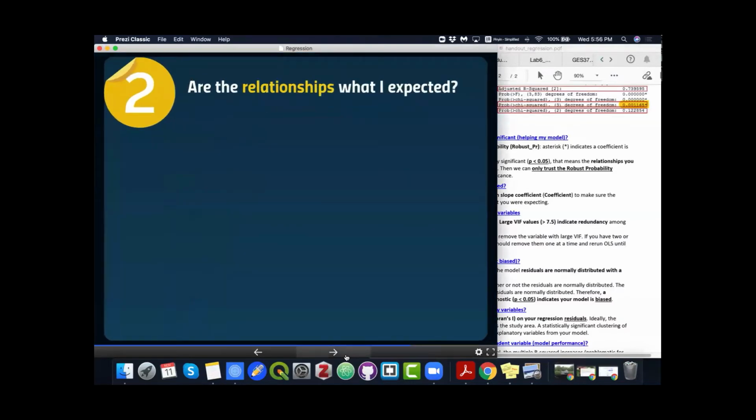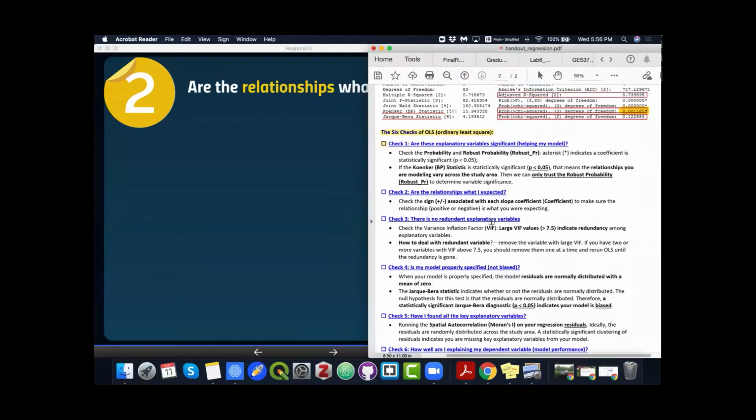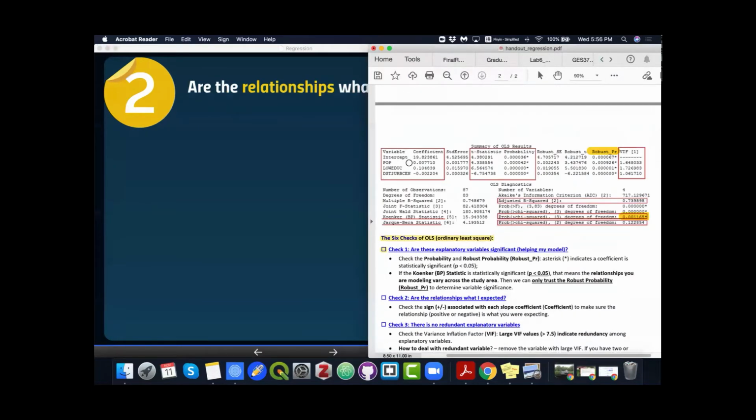And then let's look at the second check. Well, the second check is looking at whether the relationships are what you expected. For example, when you run a model, in this particular case, we can try to go through things. I'll just talk about my logic just to save time, but feel free to let me know if you're thinking about the scenario differently.